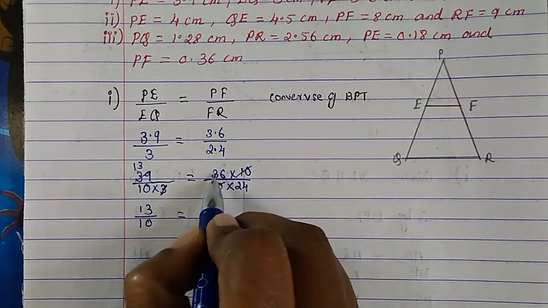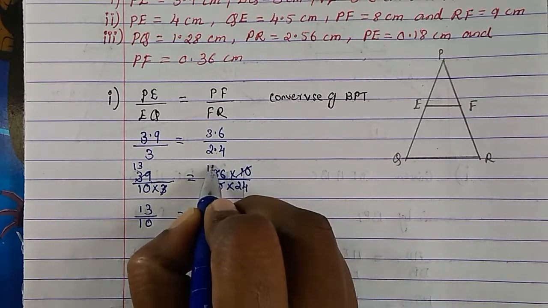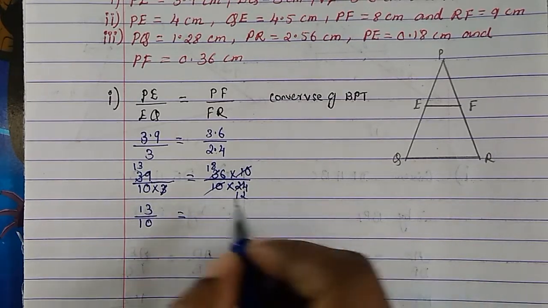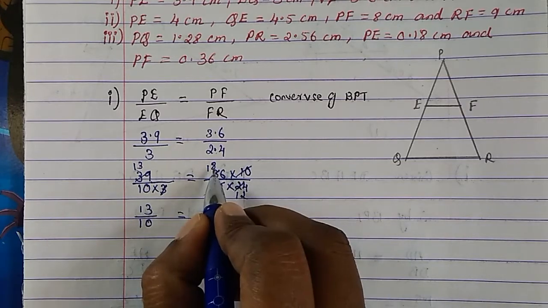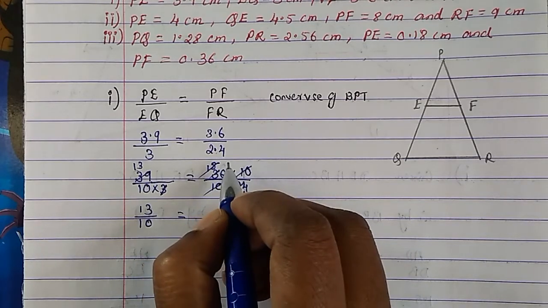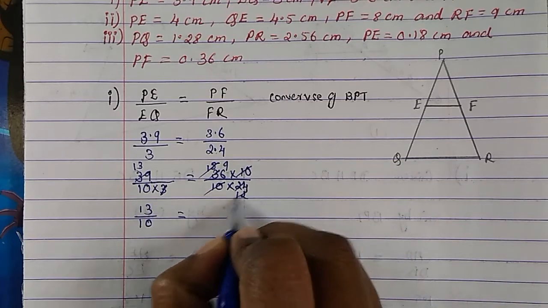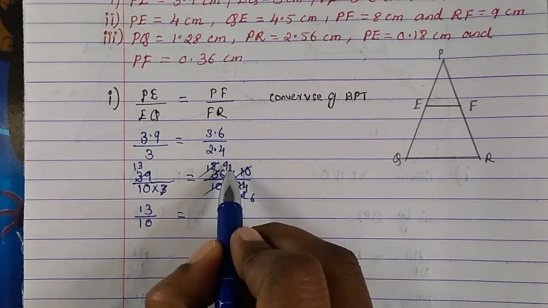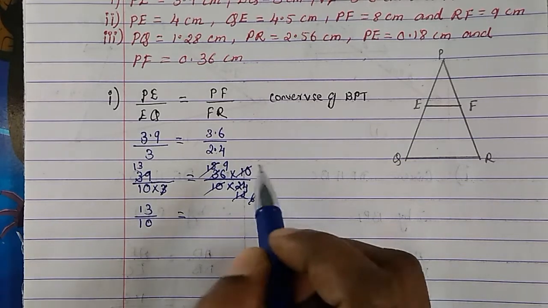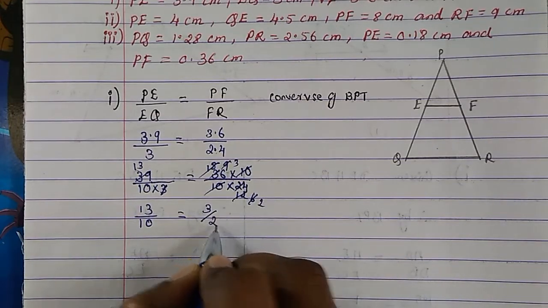Then with the table of 2, 1 time 2, 2 times 4, 8 times 16, and again with 2, 9 times 18, 6 times 12. Again with table 3 we can cancel. 2 times 3 will be 6, 3 times 9. So we get 3 upon 2.